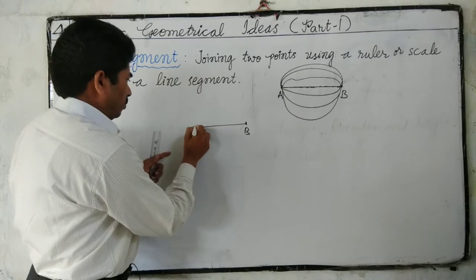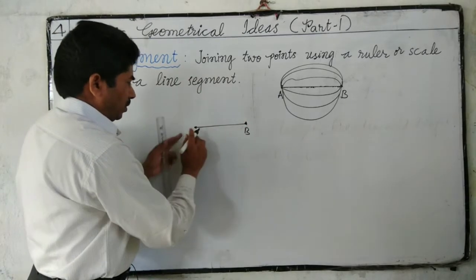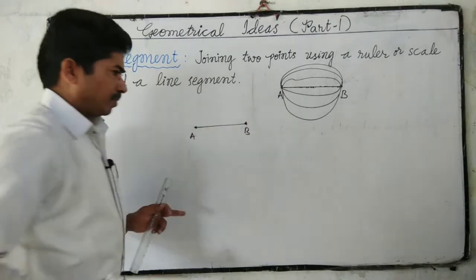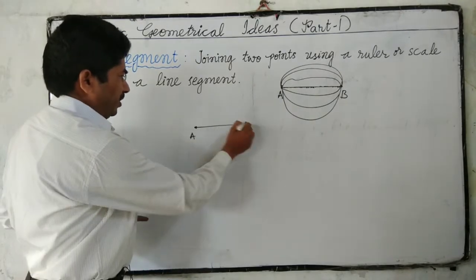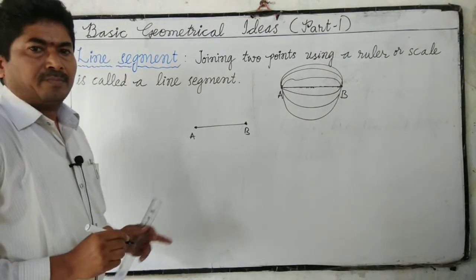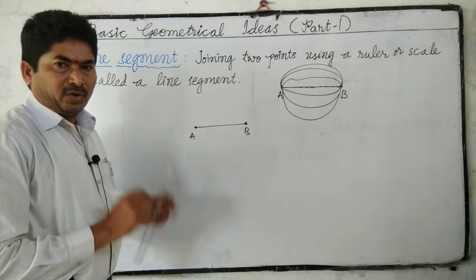These 2 points, point A, point B, are called end points.